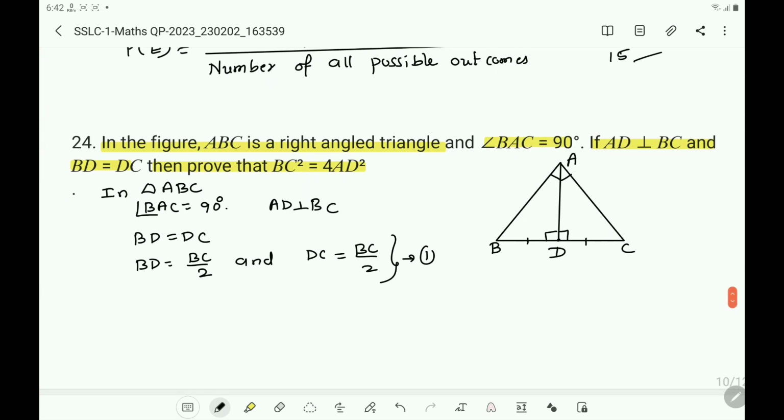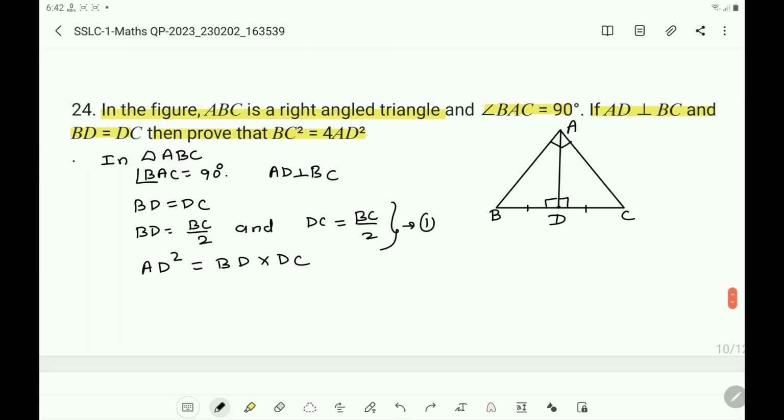Now you know that AD square is equals to BD into DC. So you write AD square is equals to BD into DC, because AD is the mean proportion of BD and DC. Now you write AD square equals BD means BC by 2 into DC means again BC by 2.